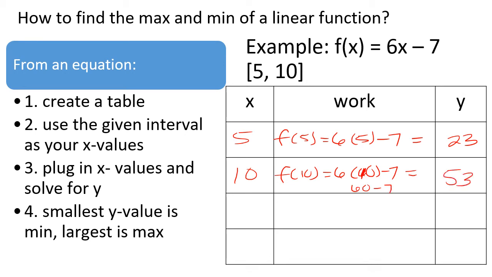So after I've done this, I now know what my min and max value on this interval is. So my minimum is 23, and my max is 53. Easy enough.